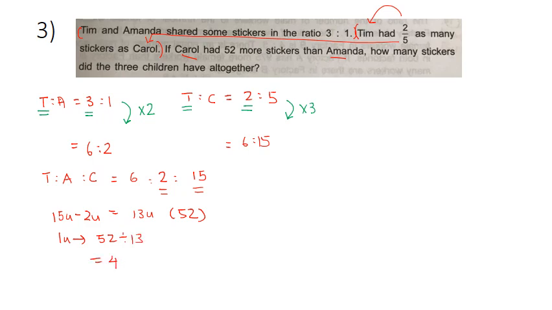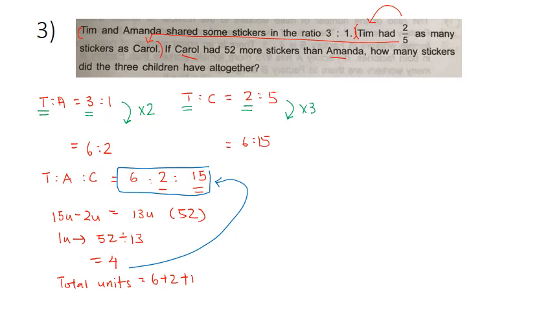And how many stickers did the 3 children have altogether? Let's find the total units. The total number of units will be 6 plus 2 plus 15, which is 23 units.